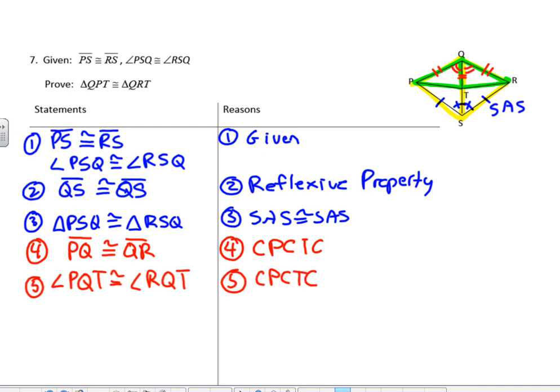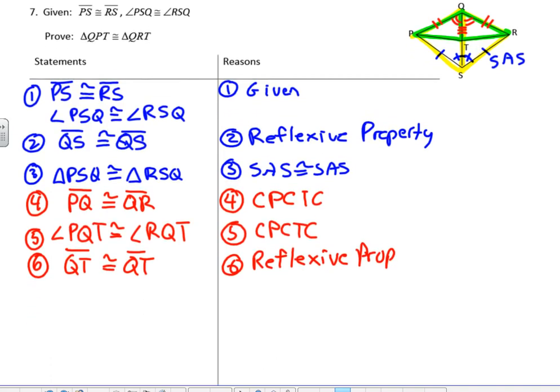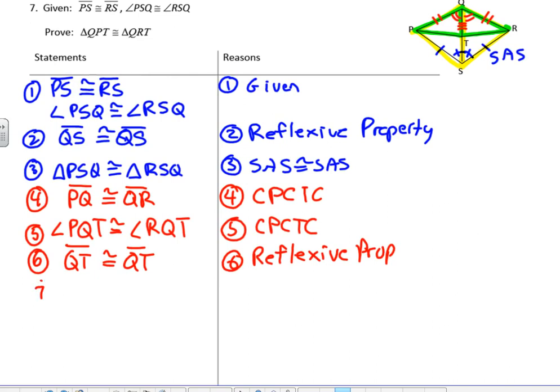Now, what are we missing? Well, that side right there, which is QT. So we could say that QT is congruent to QT by the reflexive property. And at that point, now we've got enough for side angle side from those two triangles. So this would be triangle QPT congruent to triangle QRT by side angle side congruent to side angle side.